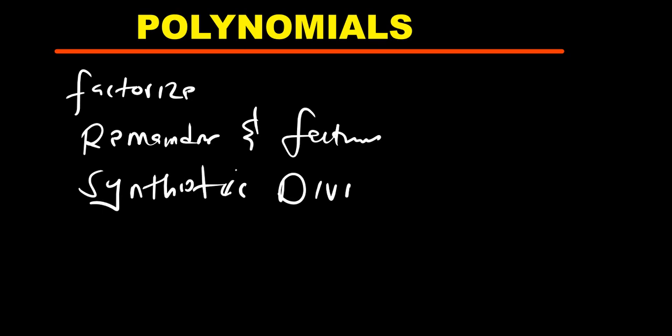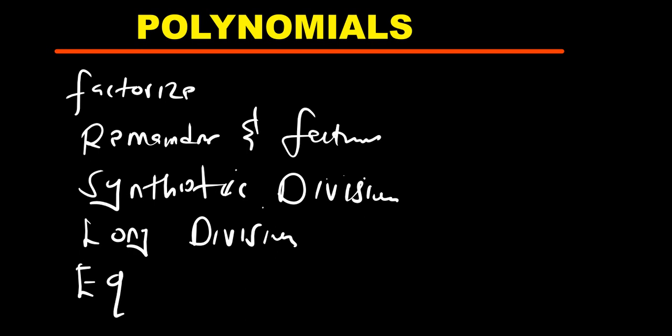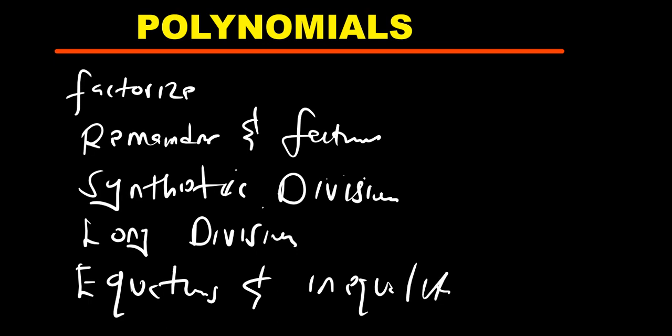You have to know how to solve using synthetic division. Okay, then you have to know how to solve using long division from primary. Even here it's the same concept. You have to know how to find equations and inequalities. Okay, that is very important for you to know.